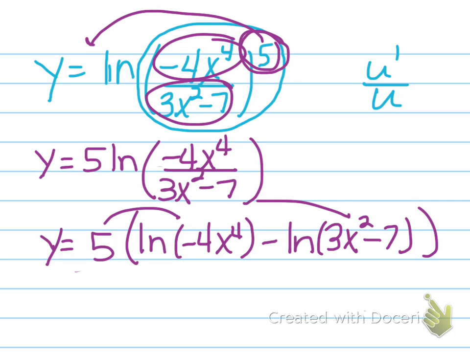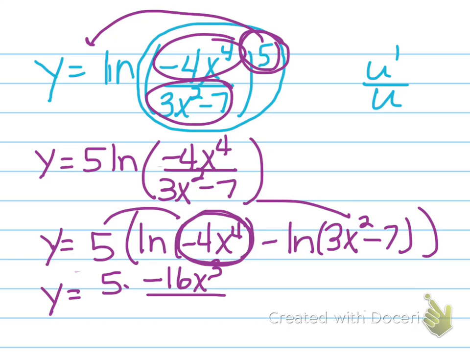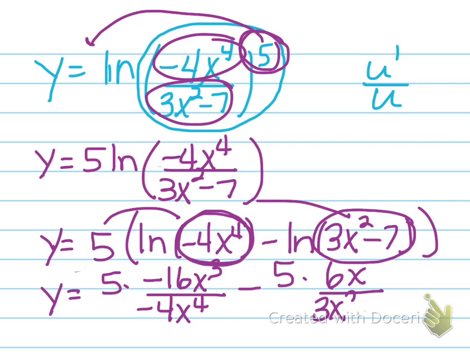So now we can take the derivative. We would have 5 times the derivative of the natural log of negative 4x to the 4th. So this would be our u in this logarithm. So we would have 5 times the derivative of this over this, minus 5 times the derivative of this over this.